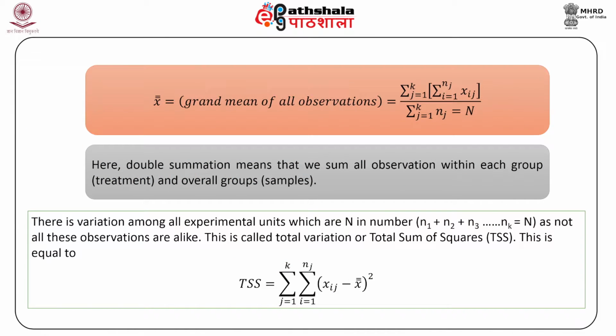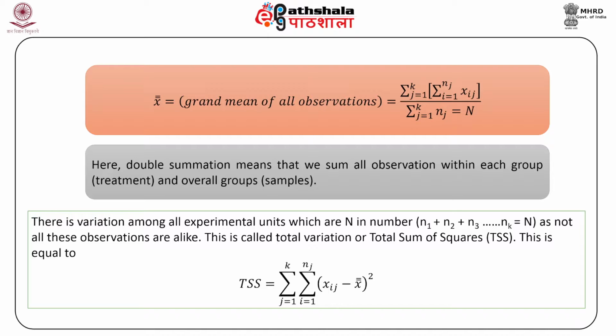Then we can also denote x double bar as the grand mean of all observations. So we are adding all observations over all values of i and j, and this can be written as the summation, with in the bracket the summation of xij. First it is the summation over i from 1 to nj, and the outer summation is over j from 1 to k.